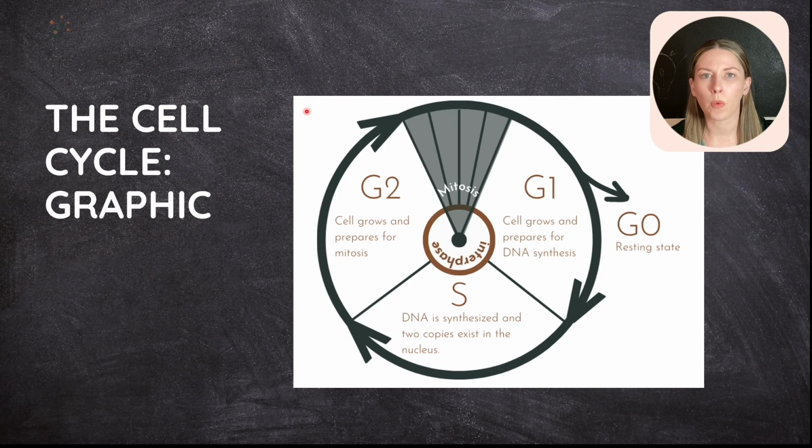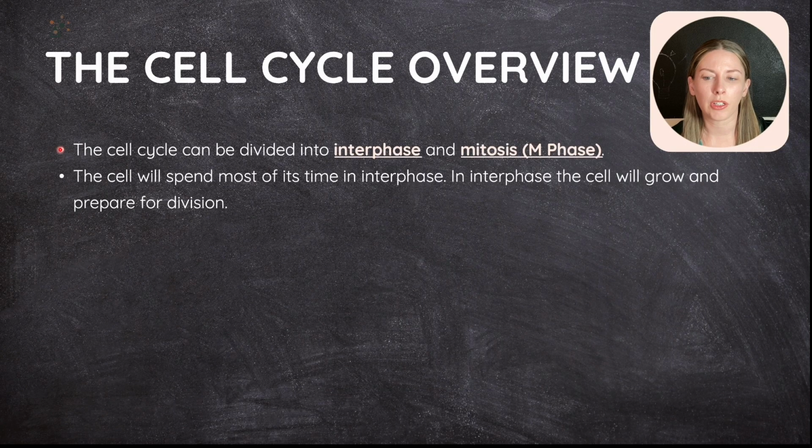Now that we've explored why the cell cycle happens, let's take a look at what the cell cycle actually looks like. This diagram here shows a general overview, where the cell will go through G1, progress to S, go to G2, enter mitosis, and then repeat. As we mentioned earlier, the cell cycle is divided into two main parts, interphase and mitosis, sometimes known as M-phase.